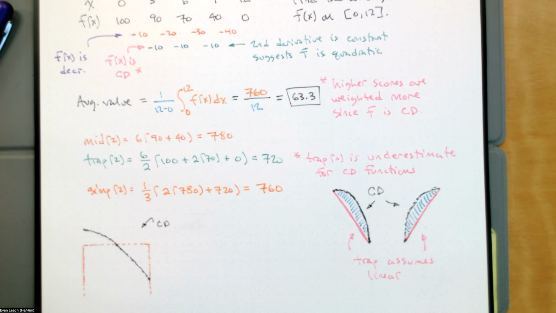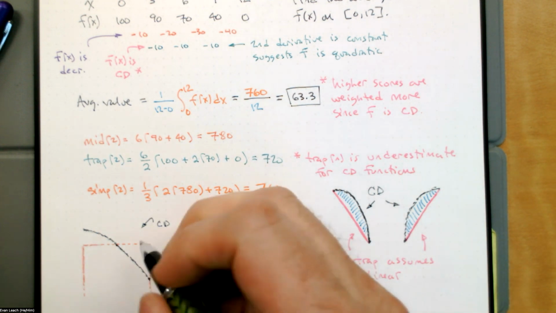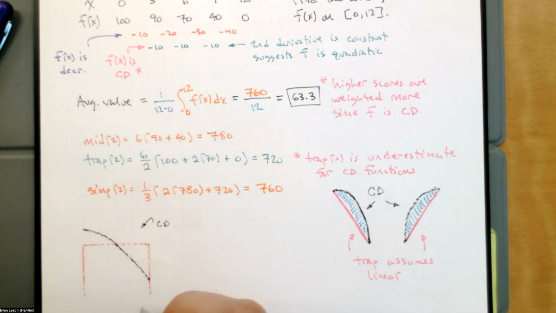Since the function is concave down, there's going to be more decrease after the midpoint than there is before the midpoint. So because the function is concave down, there's more decrease after the midpoint.